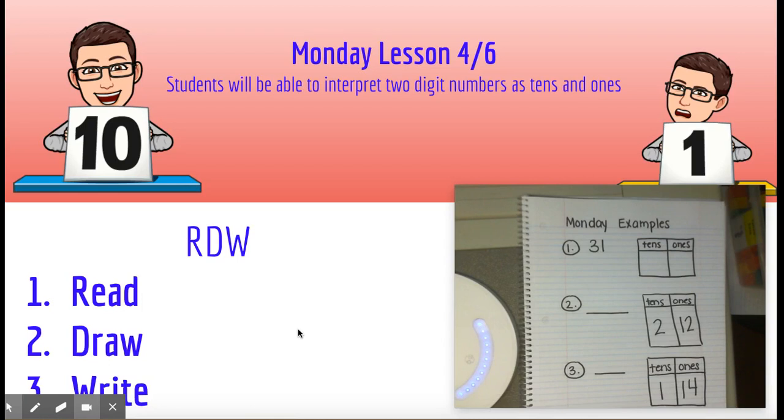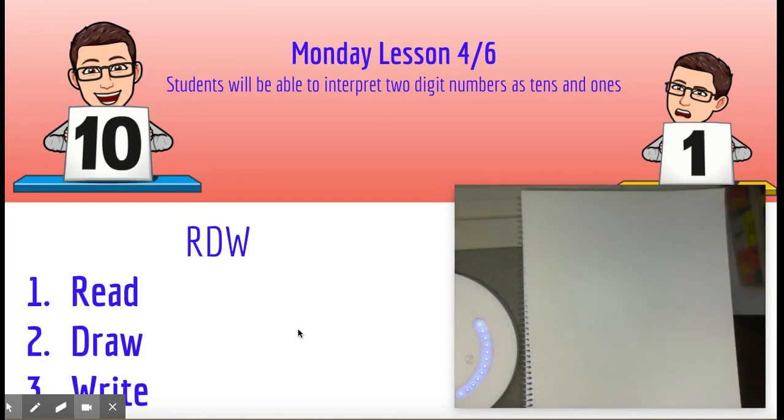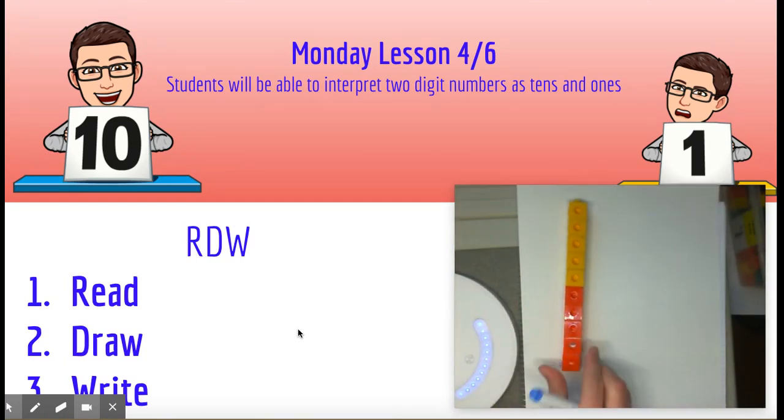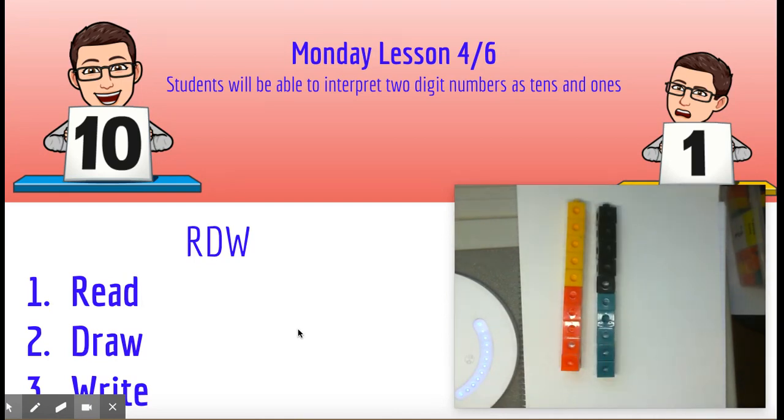All right, Kipsters, our first problem is 31, and we need to understand 31 as 10s and 1s. Before we get started on drawing, we're going to look at 31 with our cubes. I've already made some 10 sticks here, so we can say 10, 20, 30.